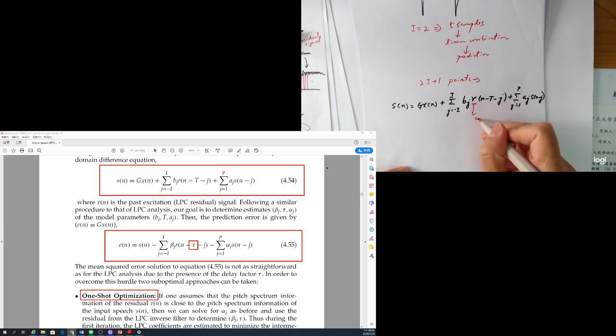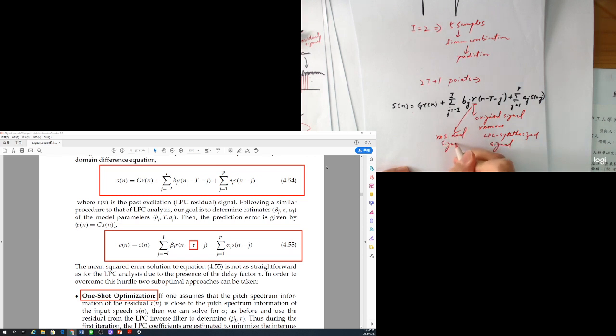So from our original signal, we are trying to remove the LPC synthesized signal. So we call this the LPC residual signal.